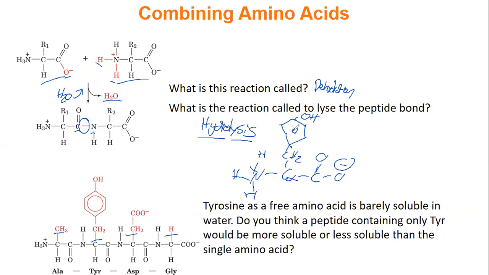And tell me why. Remember, if you send me a private message for this class, people will be able to see it. But please, if you have an idea of whether tyrosine would be more or less soluble in a peptide, share your logic with us.